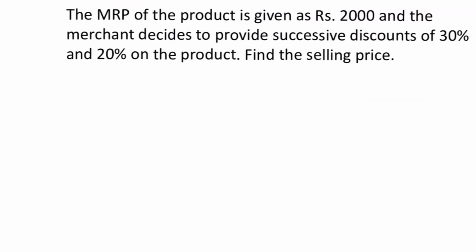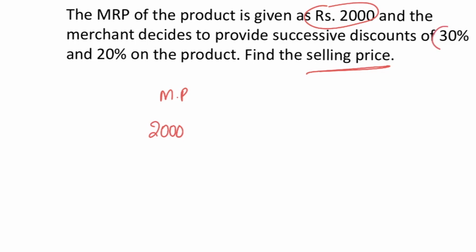The MRP of the product is given as 2000 rupees and the merchant decides to provide successive discounts of 30% and 20% on the product. Find the selling price. Selling price is required, not percent, so definitely we need the value in rupees. Marked price or MRP is 2000.